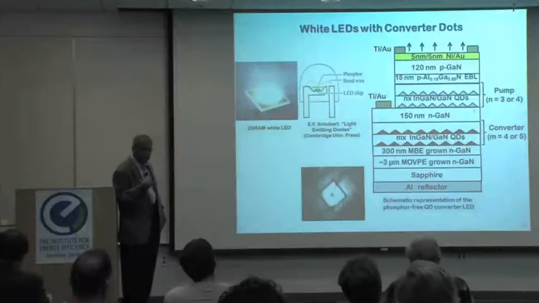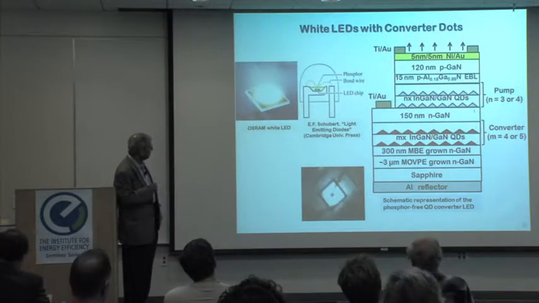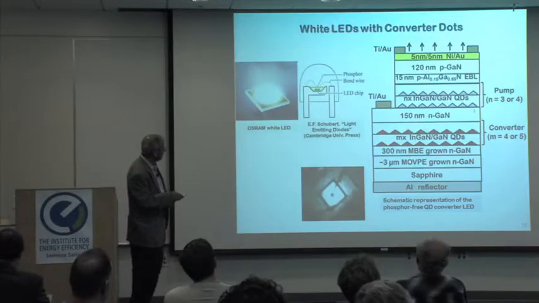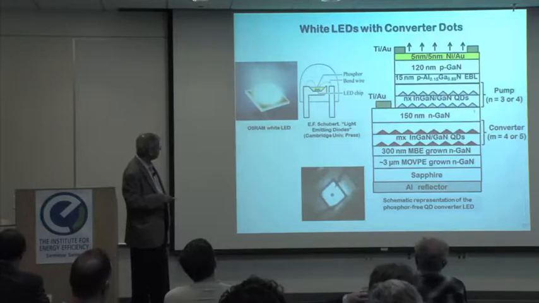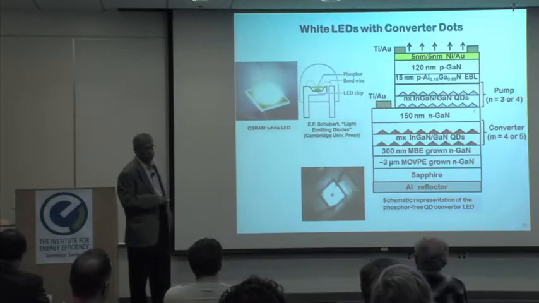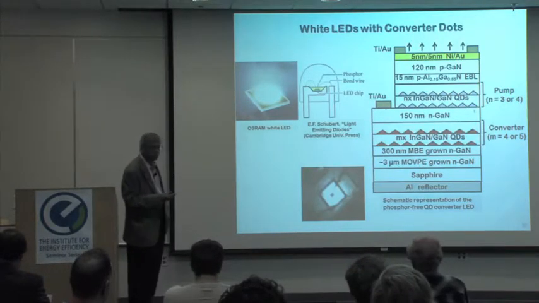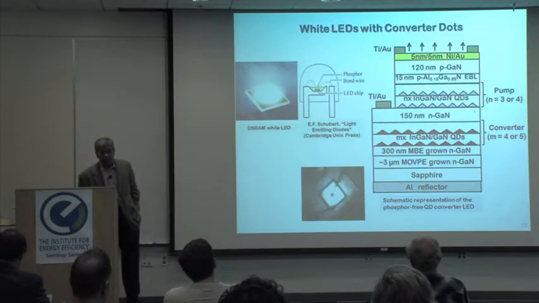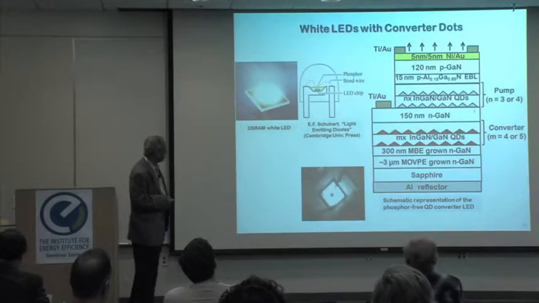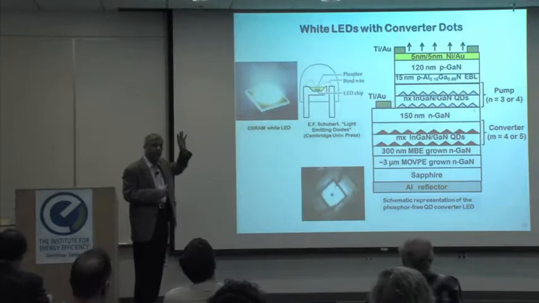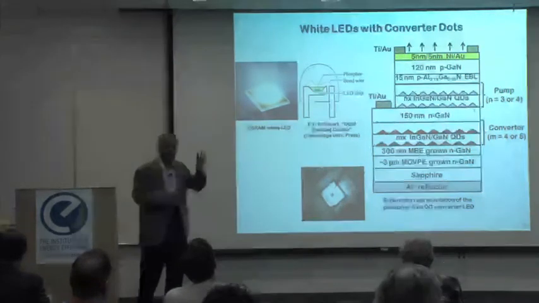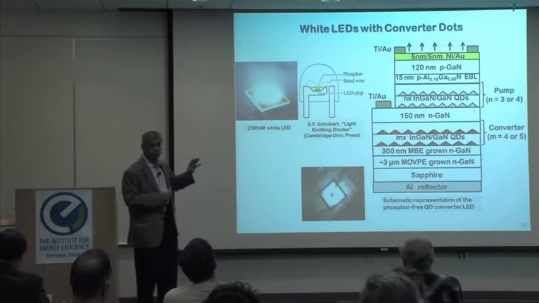You have backscattering of the converted and the incident light by the phosphor layer, and then you have non-radiative internal losses, and then of course you have problems with temperature stability and reliability and so on. So it would be nice if you could have an all semiconductor converter white light source.